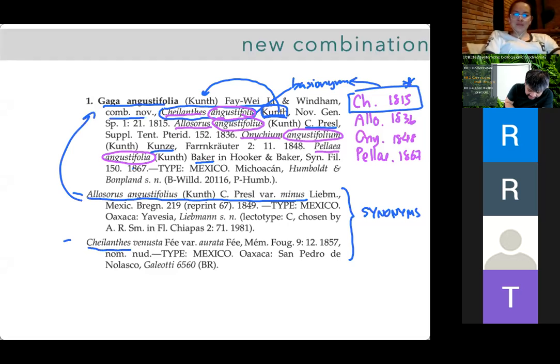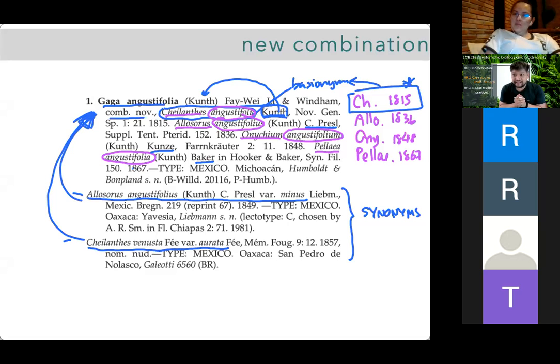And Calentus venusta or rata is actually the same plant. So now these two other species that were recognized as separate are now synonyms of just one species, Gaga angustifolia.